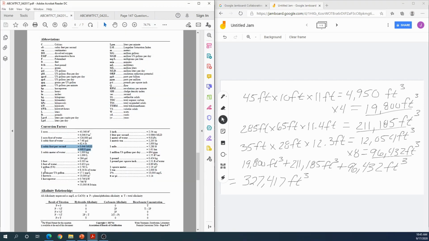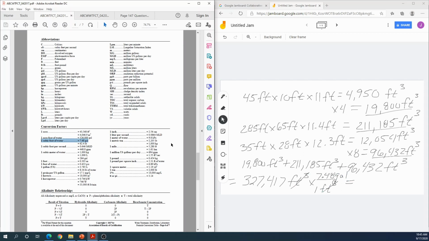And let's see what we have over here. 1 cubic foot of water is equal to 7.48 gallons. So we have 1 cubic foot is equal to 7.48 gallons. So cubic feet are going to cancel cubic feet.